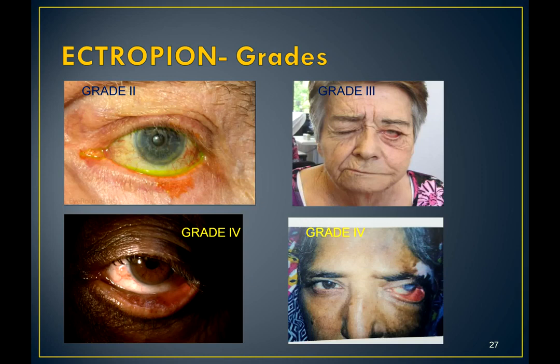It is turning reddish, dull in both the eyes of these patients. So grade 4 is the one in which there is permanent eversion of the lid with changes in the tarsal conjunctiva, which becomes dull, red, and actually it becomes keratinized.